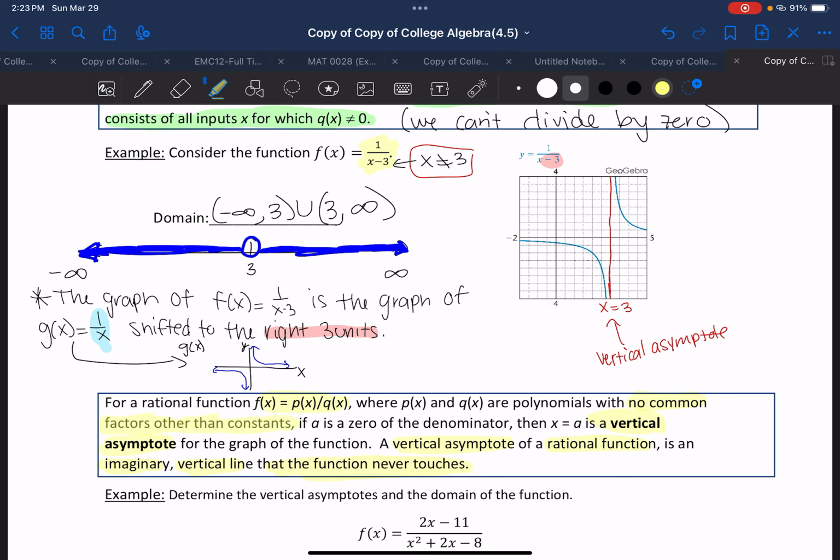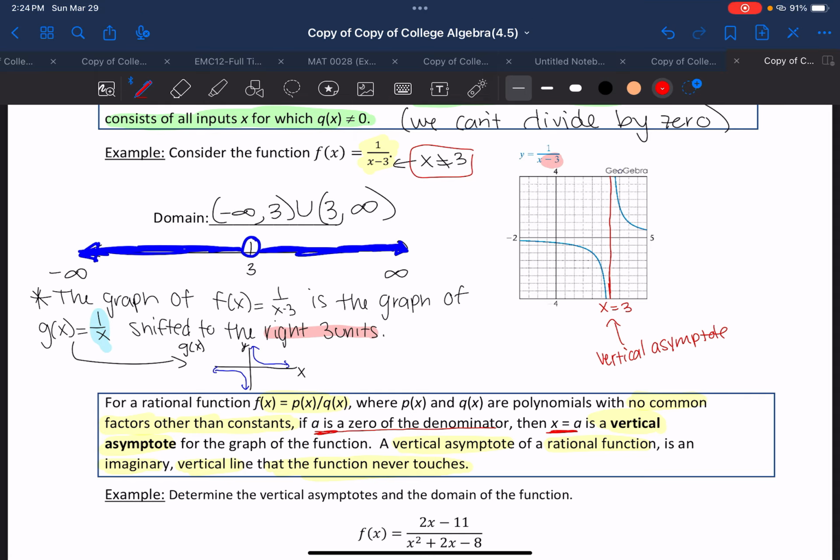That's important, and we're going to talk about that a little bit later. Then if a is a zero of the denominator, which means a value that makes the denominator equal to 0, then x equals a is a vertical asymptote for the graph of that function.